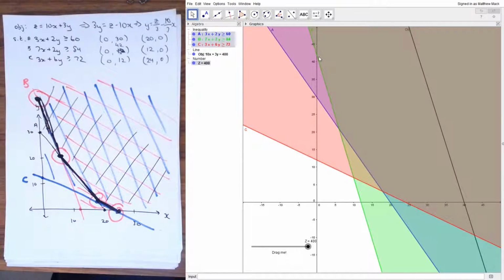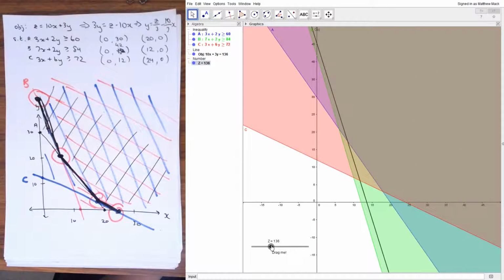Those are most likely, not necessarily in all scenarios, but most likely, the first few places you want to look. But for other situations, it's probably easier to have your objective function line and use it to give yourself a visual idea of where to start looking.